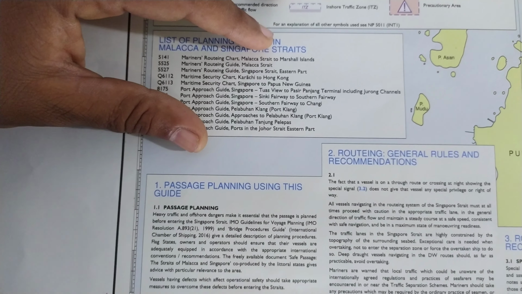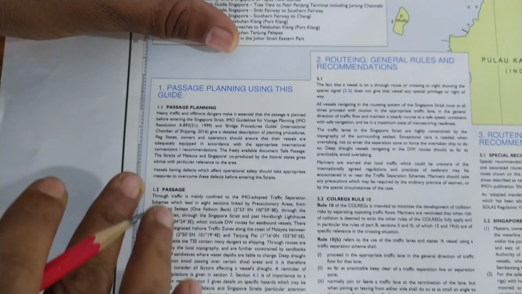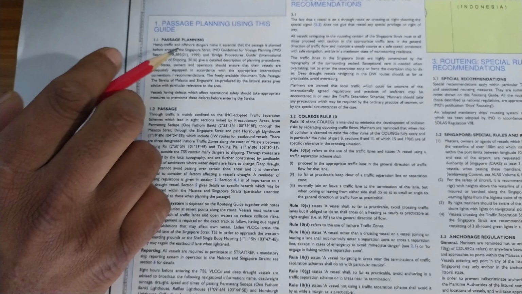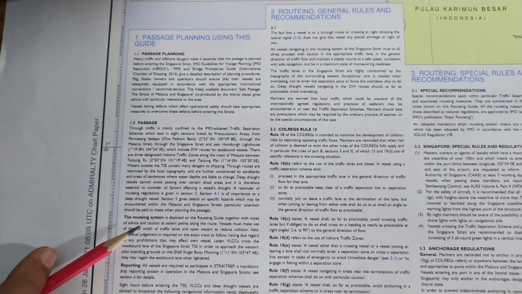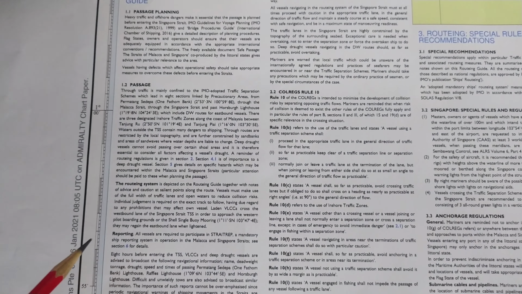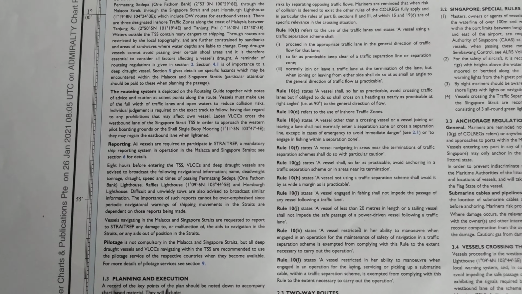Then there are around 10 sections, and all the sections will be given. They will tell you how to plan a passage. Then the routing systems, the reporting systems, how you have to report and where you will find it. Then the planning and execution.